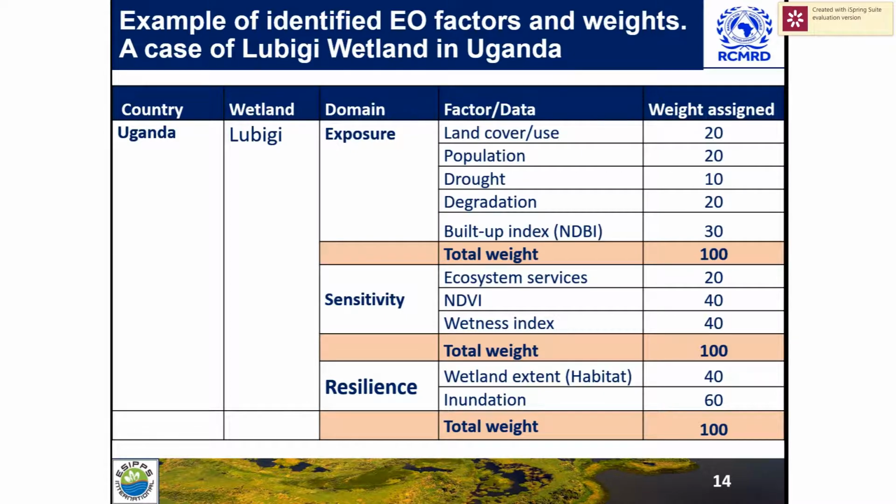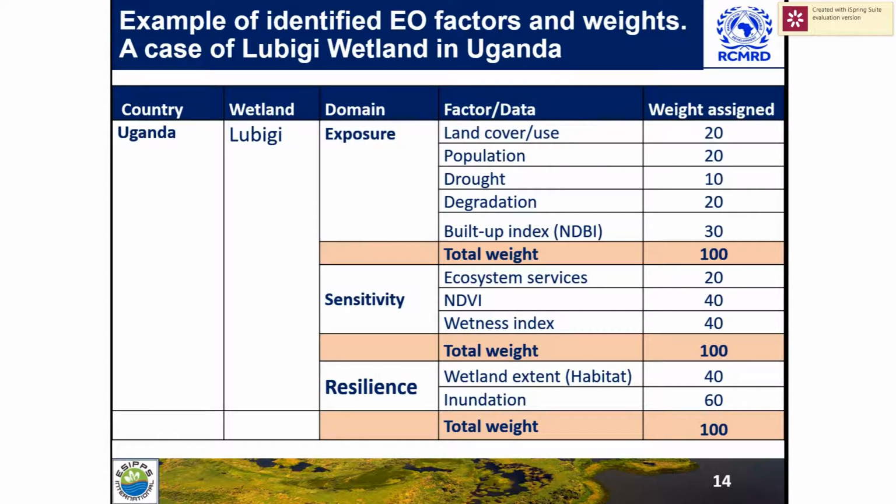So based on this, when you're generating the exposure layer, for example, or exposure domain, you'll multiply the land use, land cover by 20, population by 20, drought by 10, degradation you multiply it by 20, and built up areas you multiply it by 30 in order to generate the exposure layer.